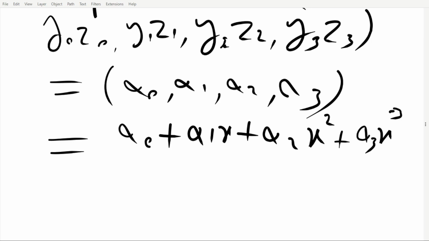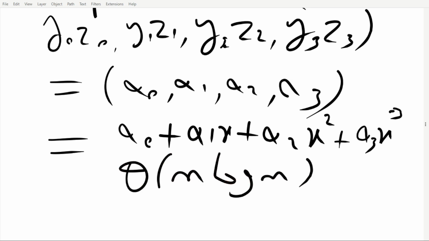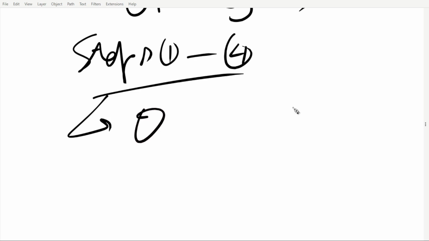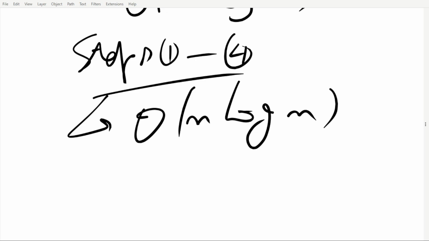Actually we will get only a polynomial of second degree, so a3 will be 0. Step 4, the DFT inverse, takes the same time complexity, big theta of n log n. So all these 4 steps combined, steps 1 to 4, have total time complexity big theta of n log n basic operations of addition and multiplication.